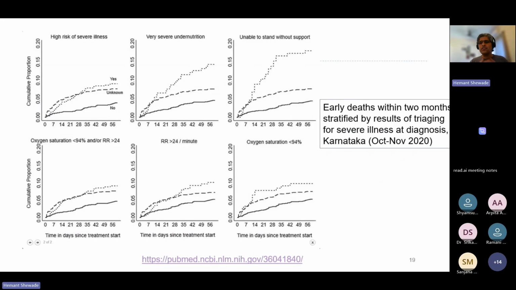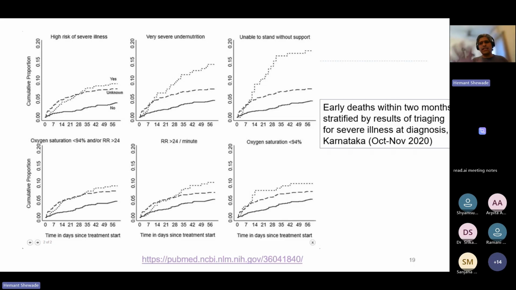Then, because during this time in Karnataka there was no national level differentiated TB care guidance, and systematic referral and inpatient care was not happening, we used this opportunity to document high death rates among those who were triage positive, or high death rates among those with the individual condition being present. So the dotted line on top is the death rate for those who had the individual triage condition present.